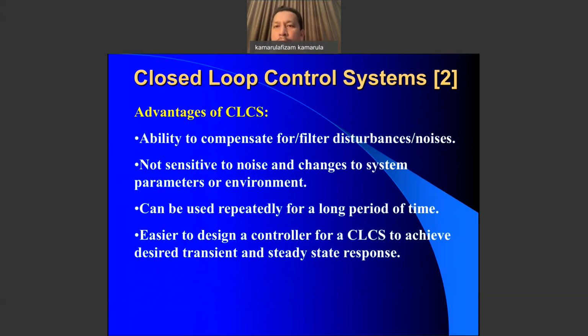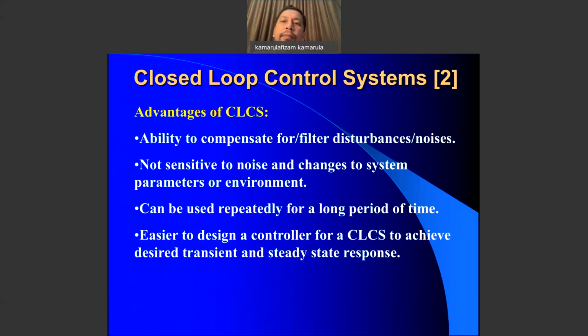Okay, so the advantage is the ability to compensate for or filter disturbances, because the output is being taken back, meaning that if the output is not as you expected, you can tell the previous block to change the process, to improve the process, so that you get the desired output.